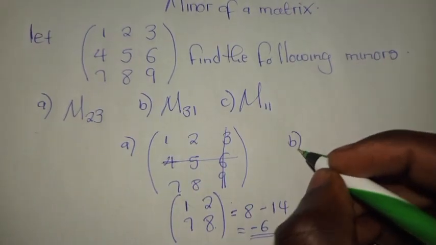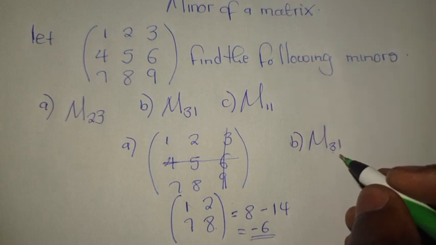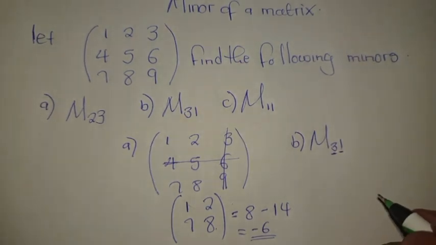So having done this very question, we can also attend to B. So our B is you finding the minor of 3, 1, where you cut the third row and cut the first column.